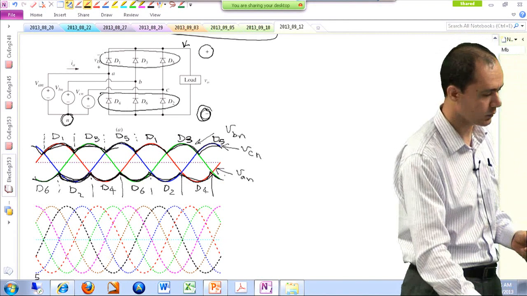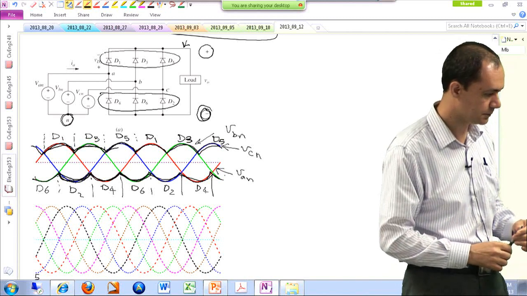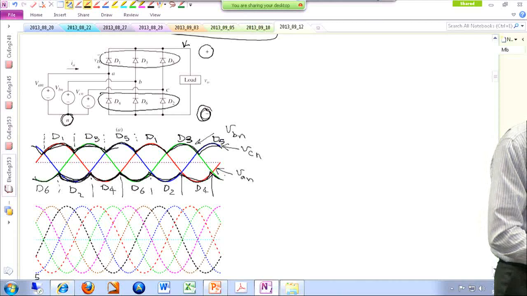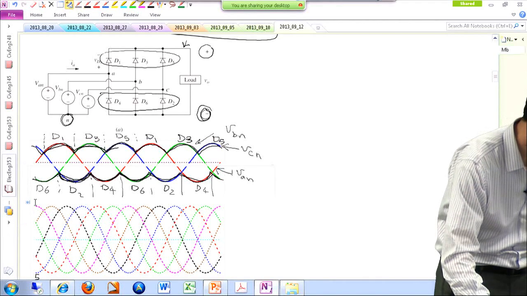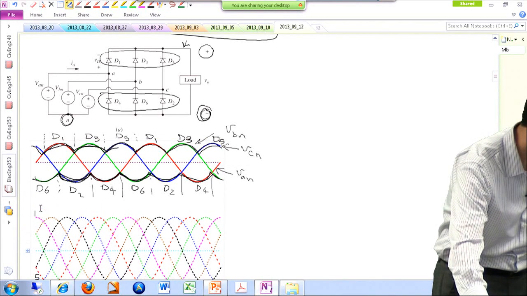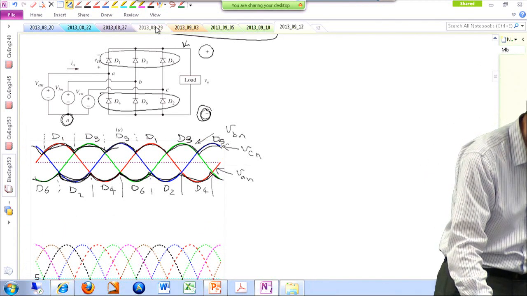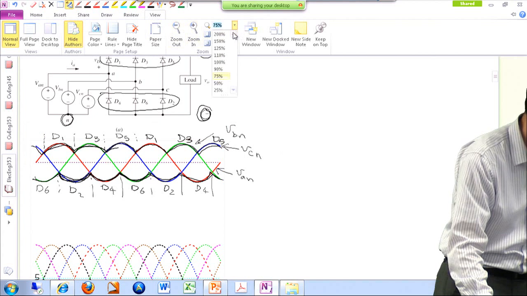That's how I've defined my output voltage. So let's try plotting that. Let me create a little more space here. Let's zoom in.